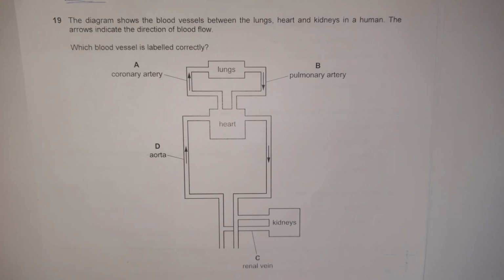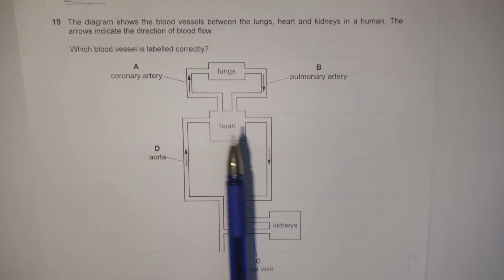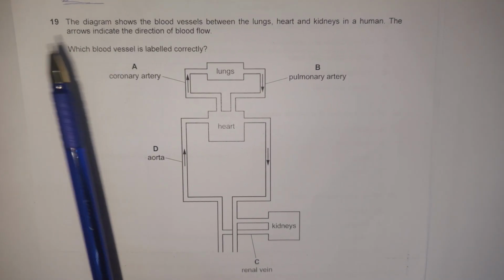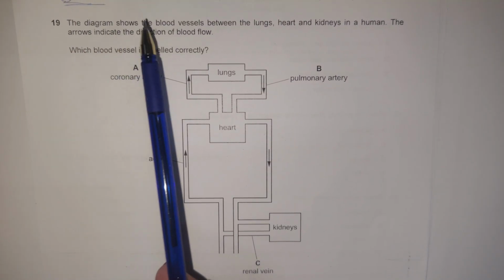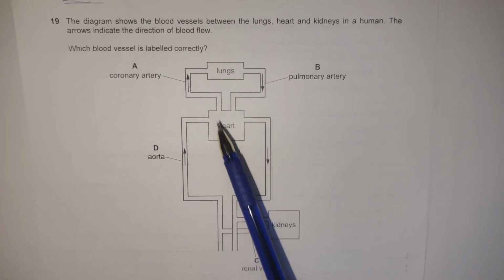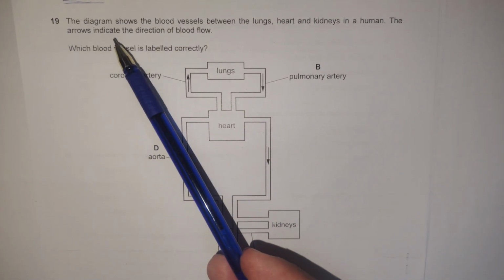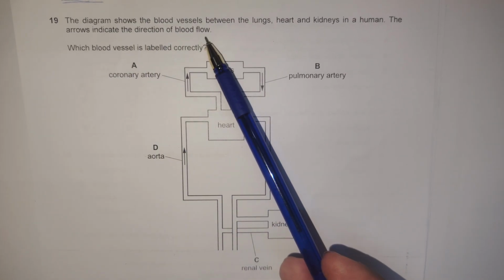Dear students, next is question 19. This question is a little tricky to solve. The question states, the diagram shows the blood vessels between lungs, heart, and kidneys in a human being. The arrows indicate the direction of blood flow.